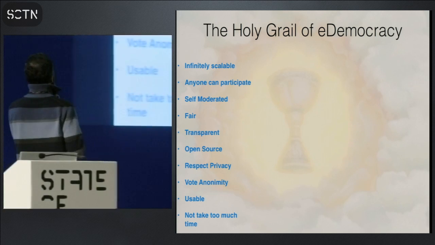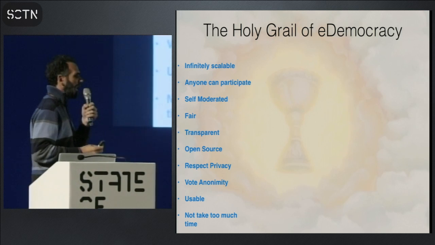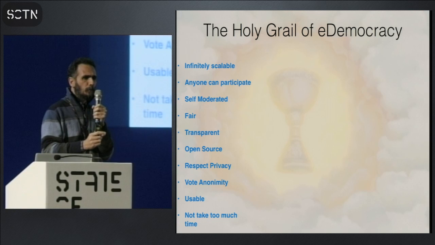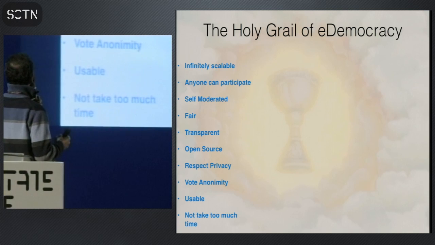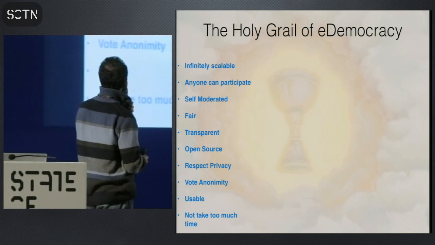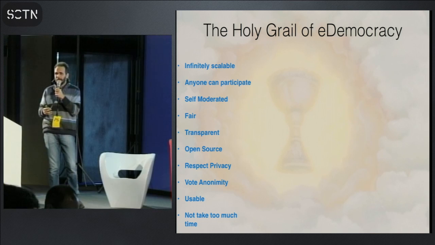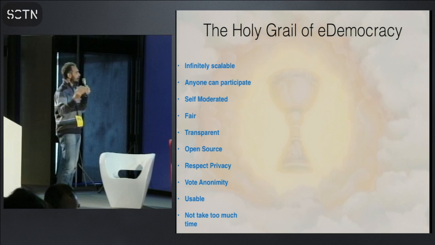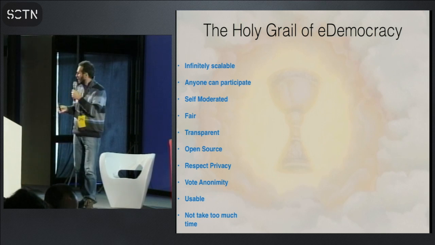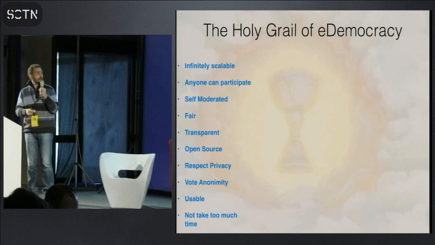They wanted a system that was infinitely scalable. It could work for a small group of people as well as for interplanetary legislation. You could have anyone participating. It would be self-moderated. It would be fair, transparent, open source, respect privacy, vote anonymity, usable, and not take too much time, and make coffee also, I suppose.